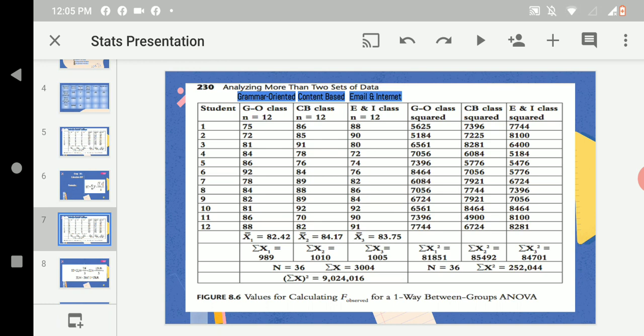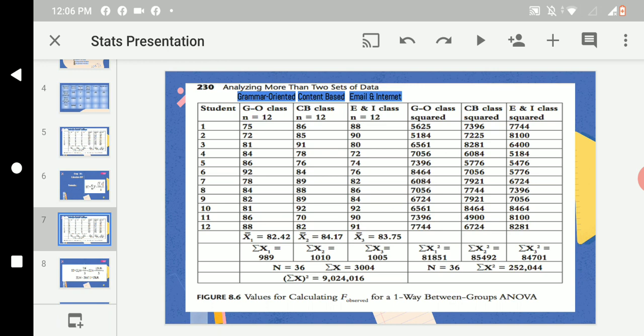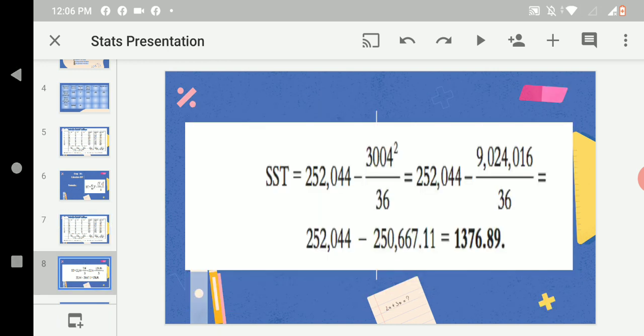So for us not to square it again, we can just use the parenthesis summation x close parenthesis squared, which is equals to 9,024,016, at the bottom left part of the table. So we have to substitute it.